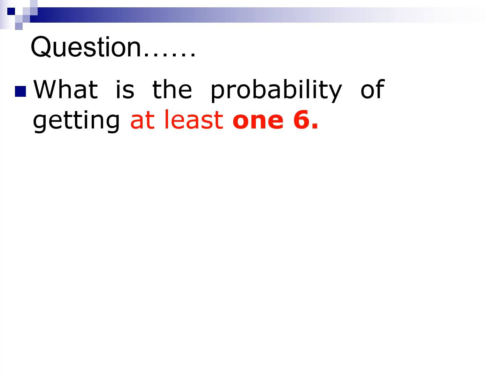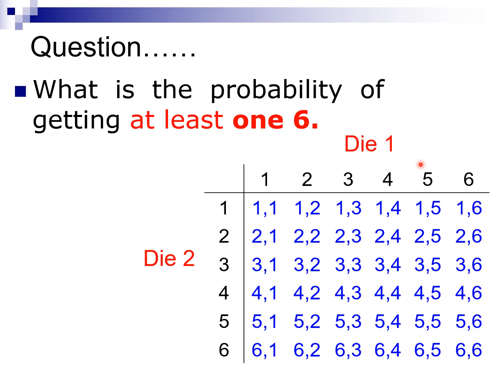Now, let us have a question from rolling two dice. What is the probability of getting at least one 6? From our grid, let us count. It says here at least one 6, so we can see 6 in the different combinations. We included 6,6 because it says at least one 6, so it doesn't matter if there are two.